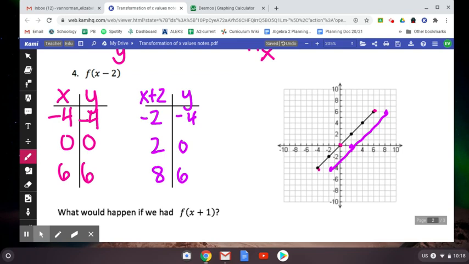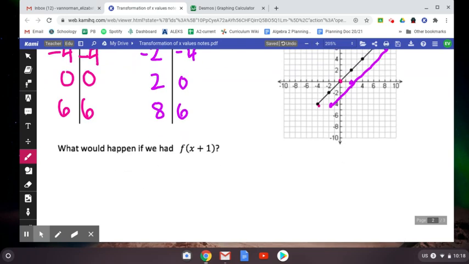So again, when you subtract 2 on the inside, that is a shift right 2. What would happen if we added 1 on the inside? Again, the inside is opposite, so this is actually going to be a shift left 1. The inside's opposite, so that's a shift left 1.